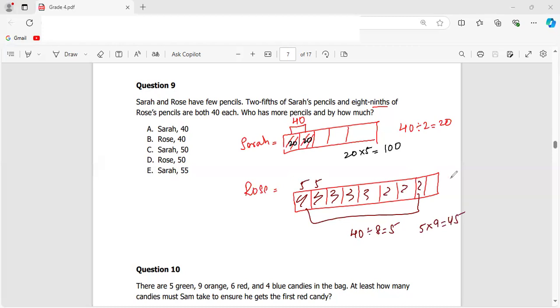So Rose has a total of 45 pencils. Now Sarah has 100 and Rose has 45. Who has more pencils? Sarah has more pencils by how much? 100 minus 45 is 55. So the answer is option E. Let's move on.